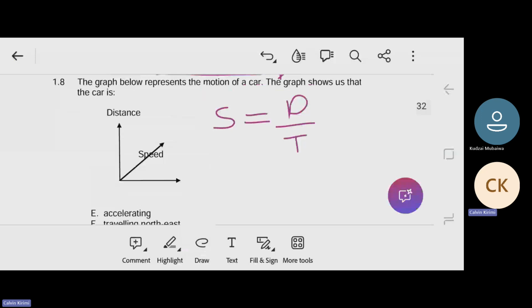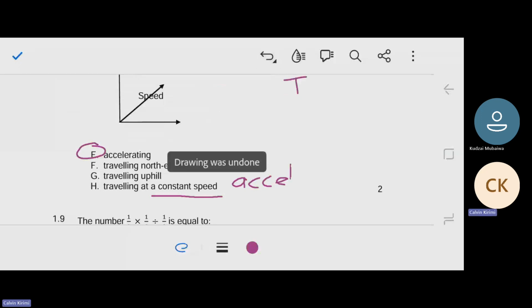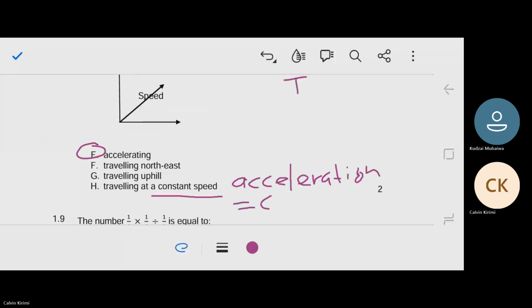Whenever you see speed increasing, it means you are accelerating, okay? Yes, sir. That is the trick. Constant speed means you are traveling at the same speed, and your acceleration is zero.